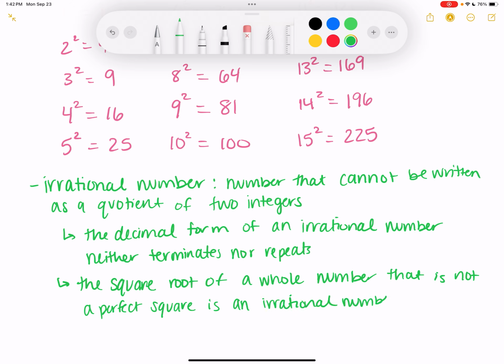So for example, the square root of 5 is equal to 2.236069797, and so on and so forth.